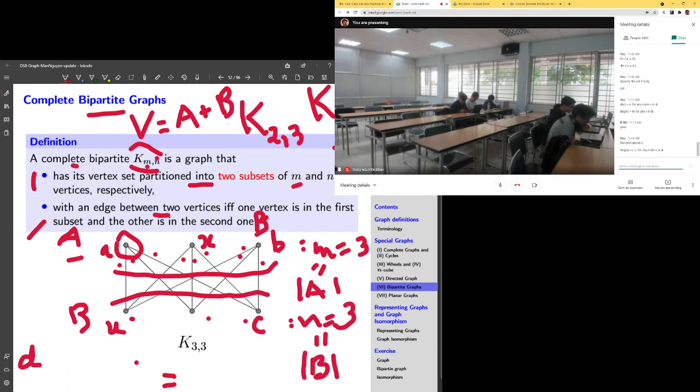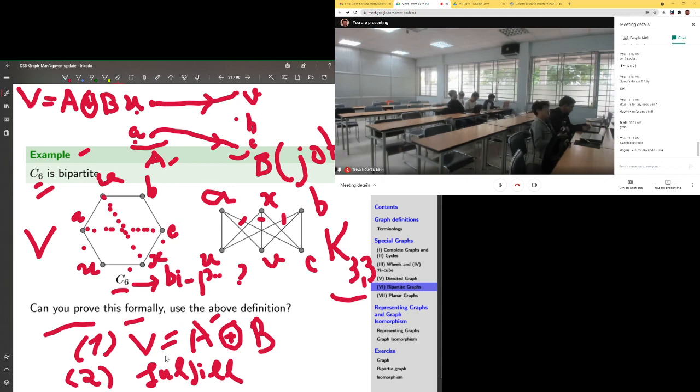So apply here the degree of A, degree of X, degree of B. They all become number 3 here. But in the previous example, like the C6, you don't have that for the C6.